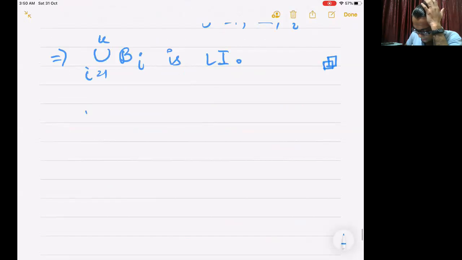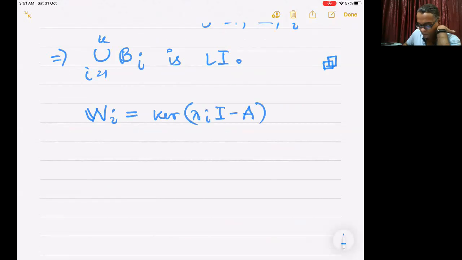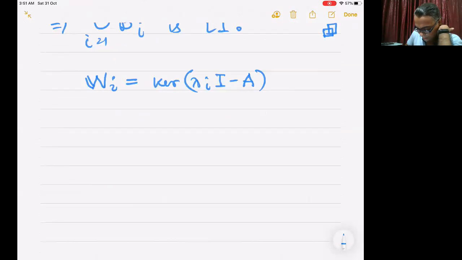The point is, I have created these subspaces W_i, which contain the eigenvectors. This is the kernel, the null space of lambda_i identity minus A, and they have basis B_i.